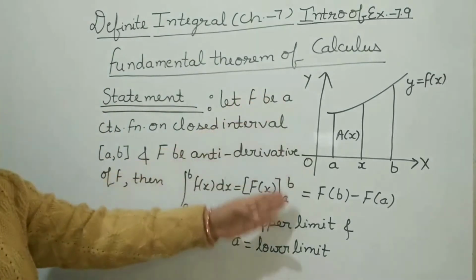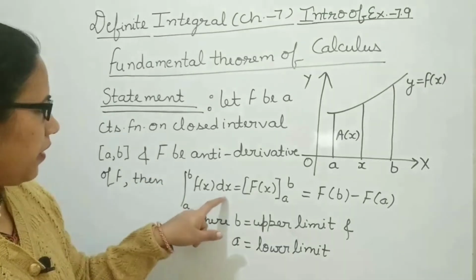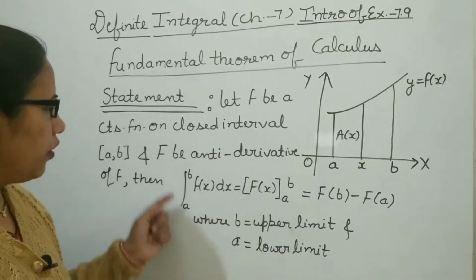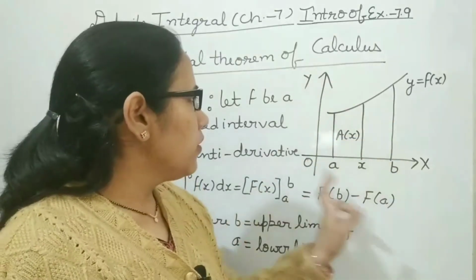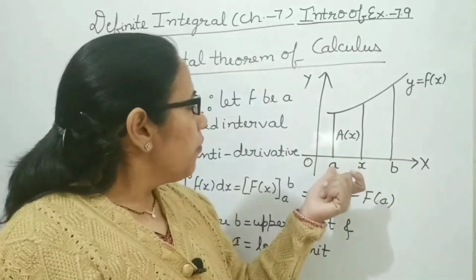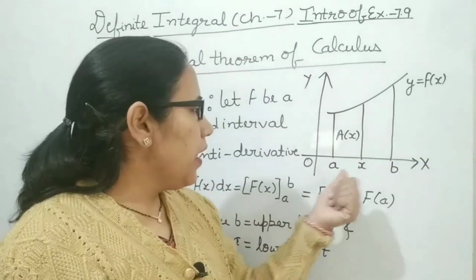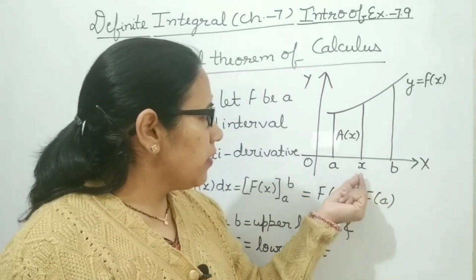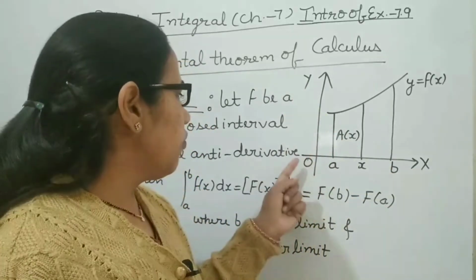And what this graph represents, your this function f(x) dx from a to b, lower to upper limit, simply represents the area function for this graph. How? First we draw any graph for the function y equals to f(x), taking a and b as the intervals and x be any point in between a and b. This is your x-axis, this is your y-axis.